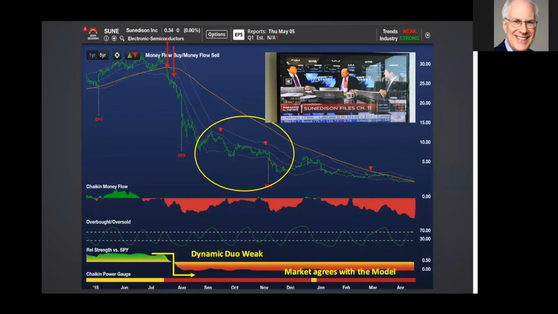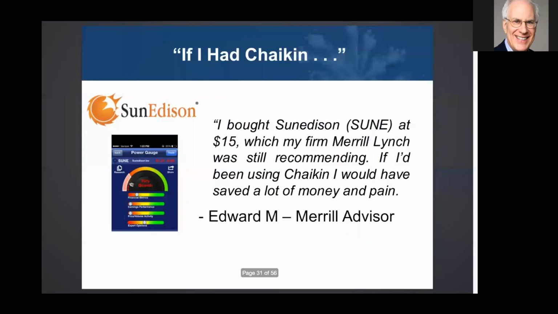Merrill Lynch did put out a sell recommendation on the stock in February when the stock was trading at $3, down from 30. And after a Merrill Lynch advisor saw a demo of our system at an options conference in California back there in 2016, he gave us this testimonial.